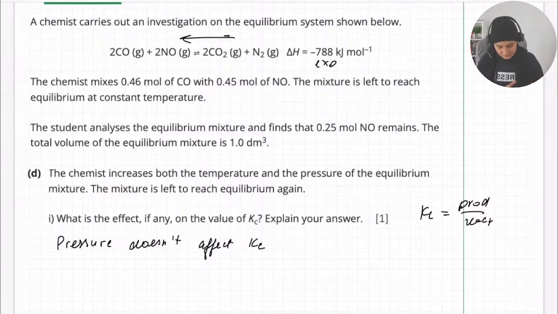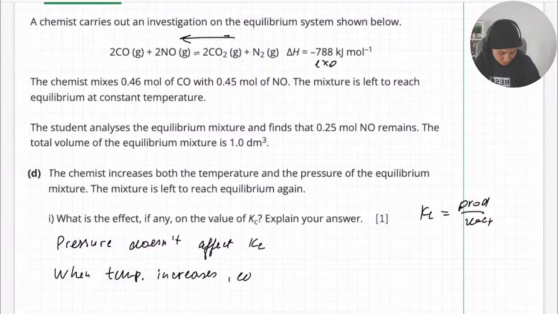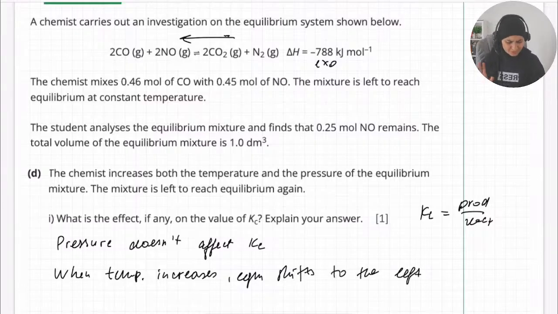Okay, so pressure doesn't affect Kc. What effect, if any? And for temperature, we say when temperature increases, equilibrium shifts to the left. And here, guys, a lot depends on your board. For example, for AQA, you have to say because it opposes the change. For all other boards, just say to the left because the forward reaction is exothermic or the backward is endothermic.